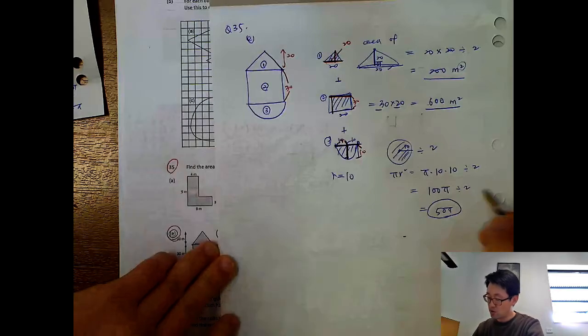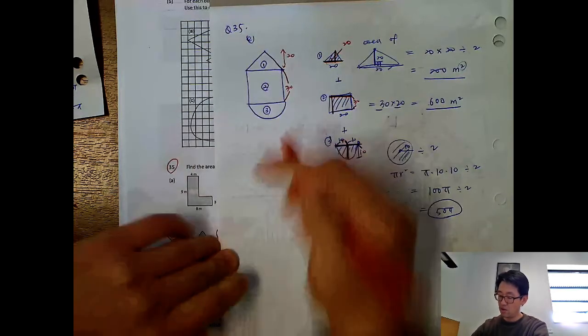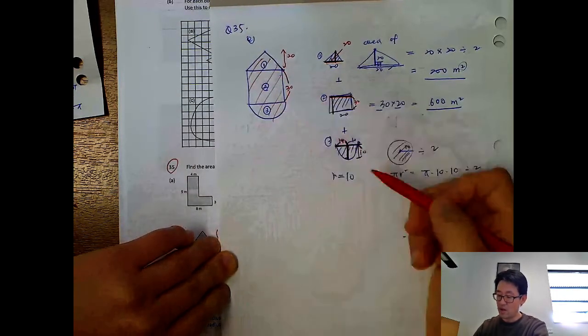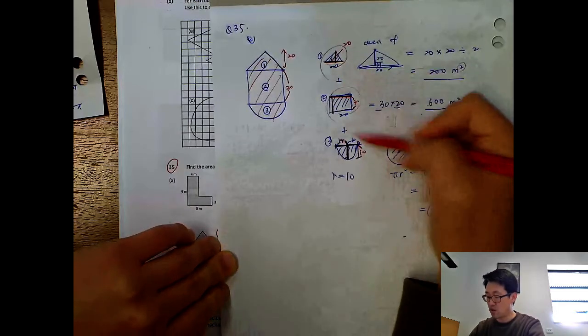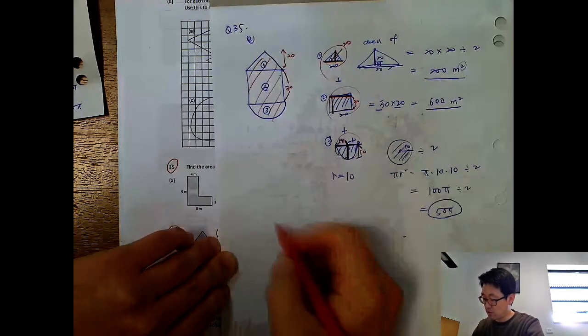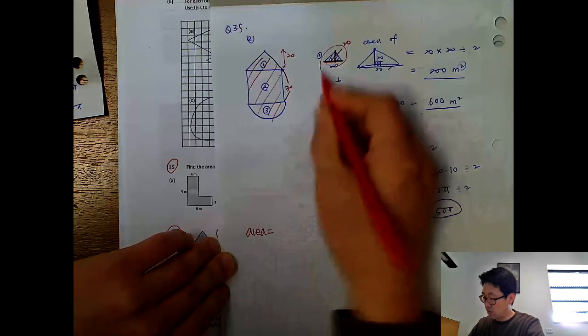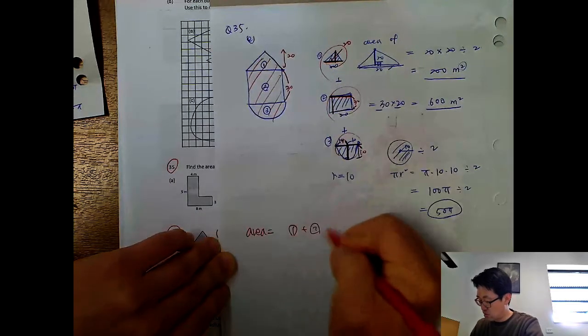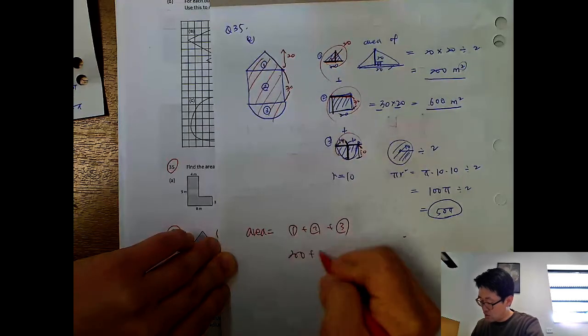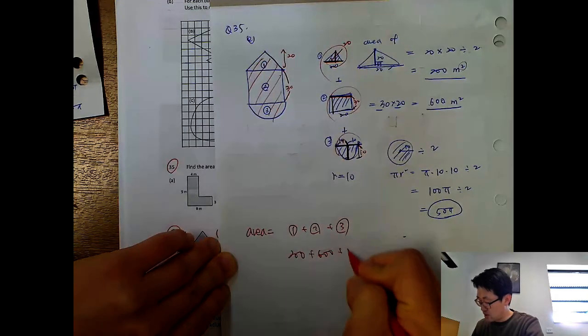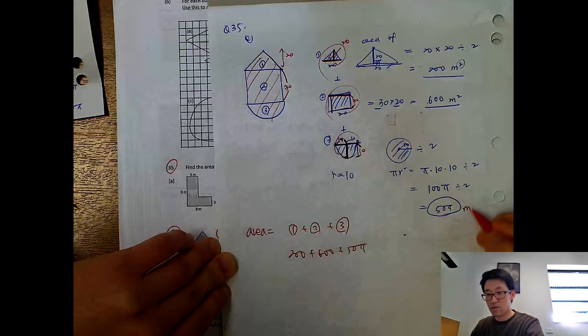Good? Yeah. So if I want to get the total area, I need to add the first, second, third all together. So area equals 200, 600, 50 pi square meters.